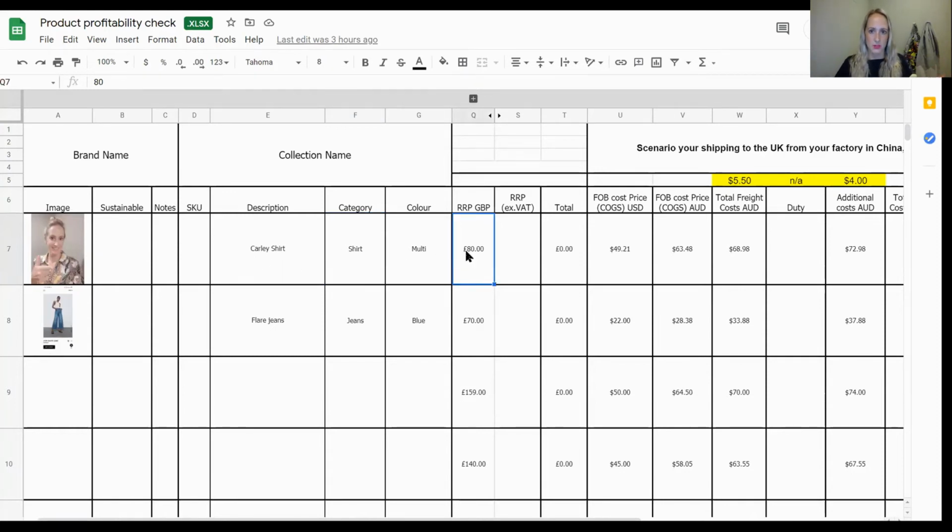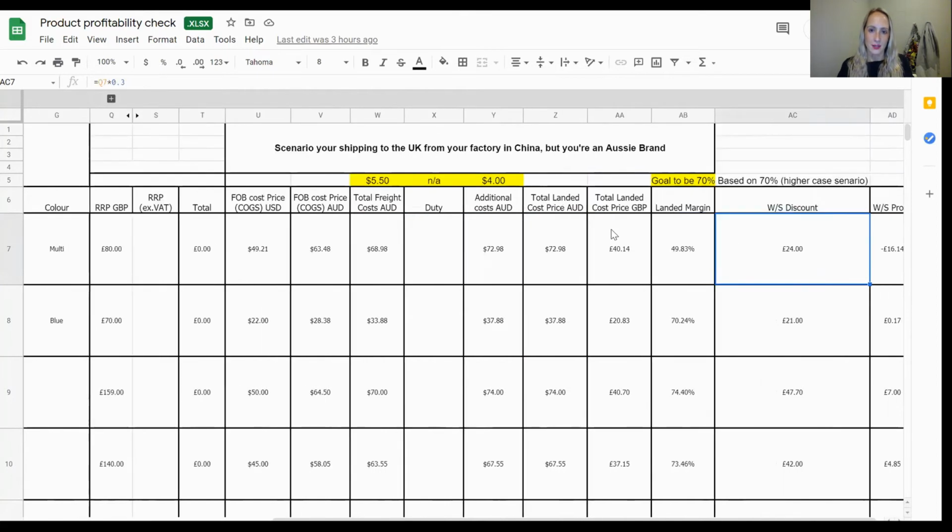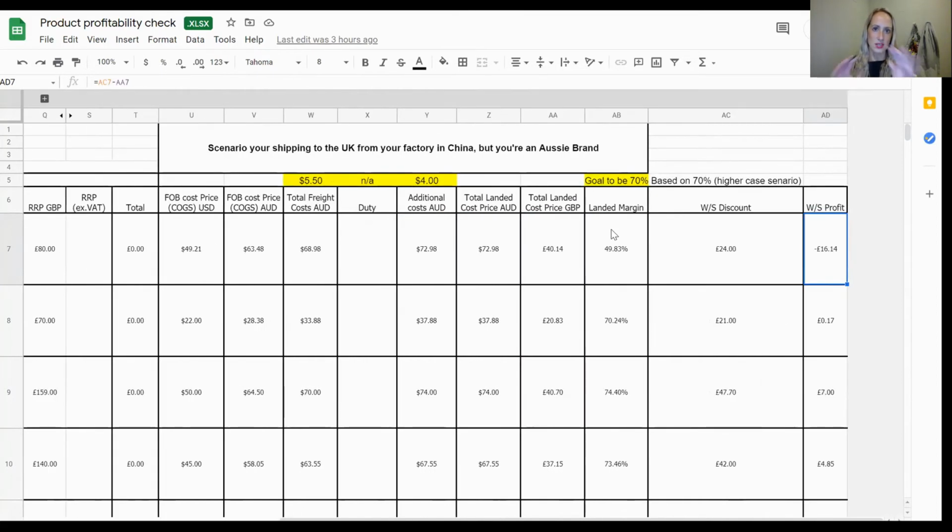It's an expensive shirt. What you now need to do is to enter your COGS and all of the costs into a spreadsheet similar to this. So pretty much your retail price, the price that you want to sell it at because you think you're being competitive, you think the product's worth that price point. You need to know the actual cost of goods.